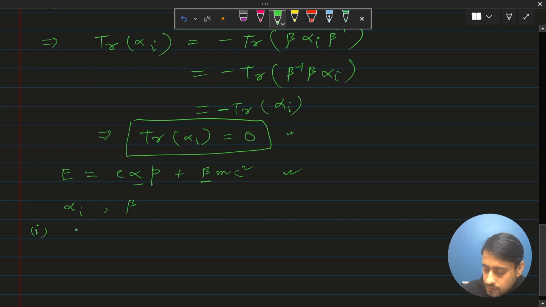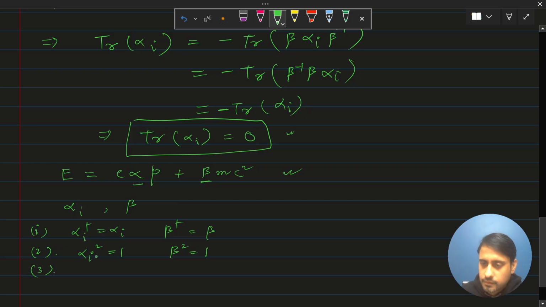So the first one was alpha I dagger is equal to alpha I, and beta dagger equals beta. There is a necessity to list all once more, since maybe some of them may be missing. So alpha I square equals 1 and beta square equals 1. This was the second.